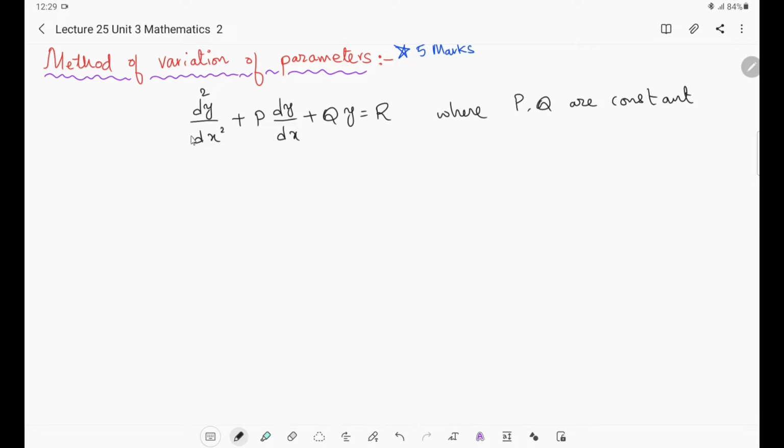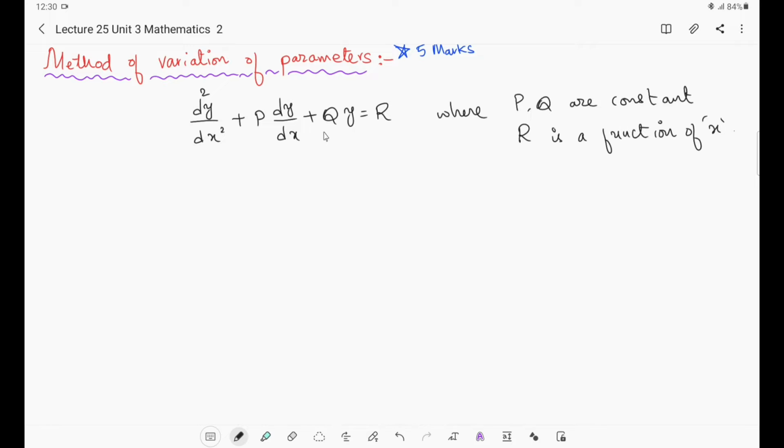It is a second order differential equation because the highest order derivative is 2, and the right hand side r is a function of x. This is the most general form of a second order linear differential equation with constant coefficients.